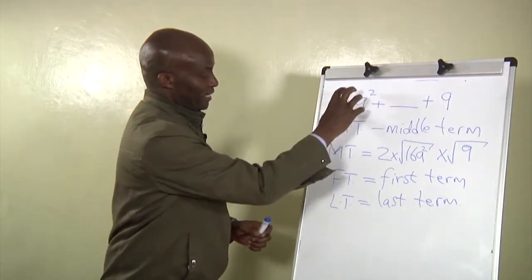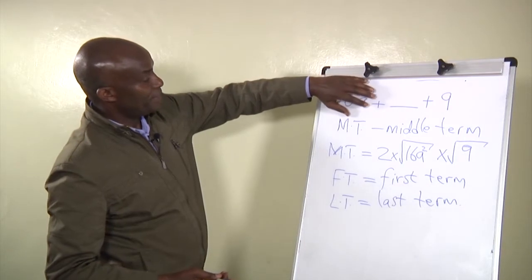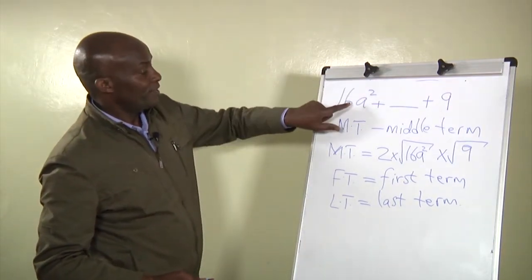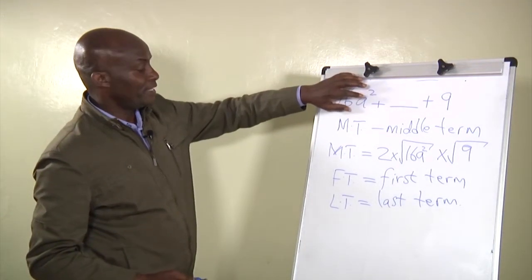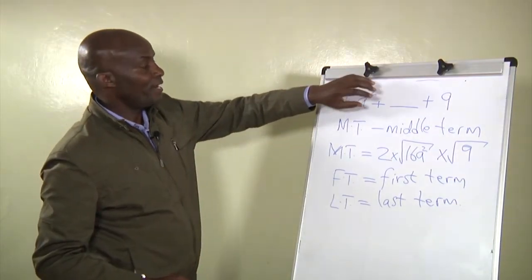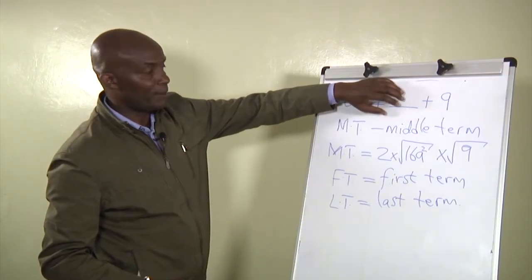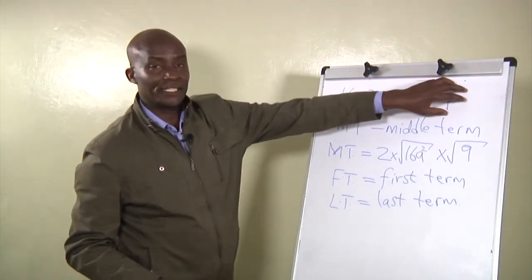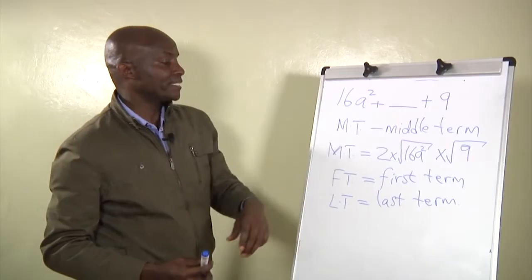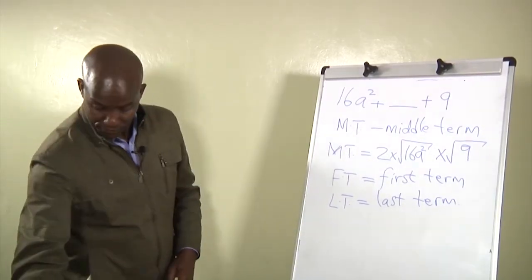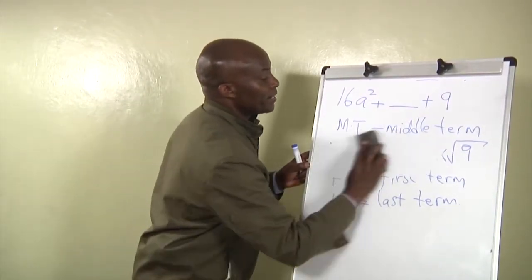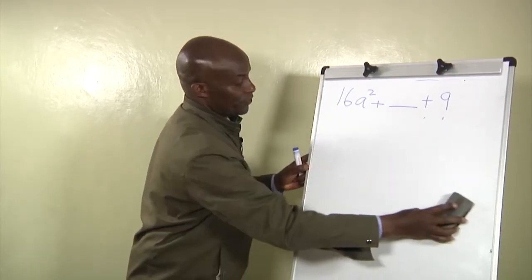Now, the term that has the variable squared is the first term. Then we have the middle term, which is also the linear term, and this is the constant term or the last term. So how do we determine the middle term for this one?